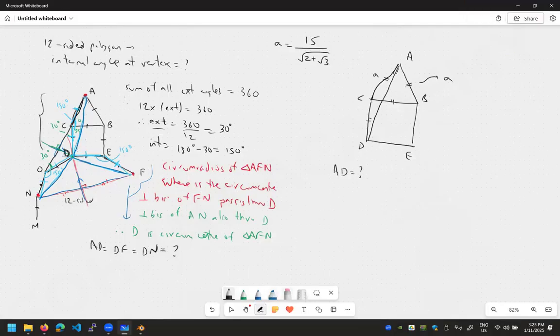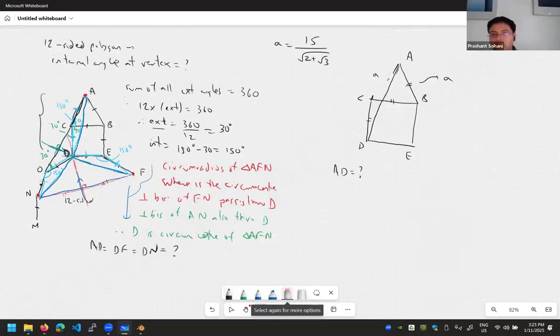30, 60, 90, yes. So the way I did it is that if I drop this perpendicular to the base, and if I call this point X and Y, let us say, then you see that XY is also A, right?